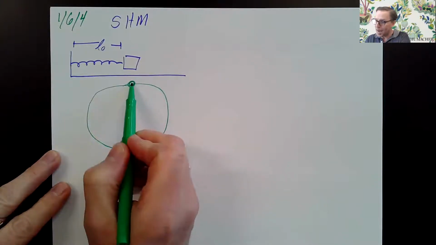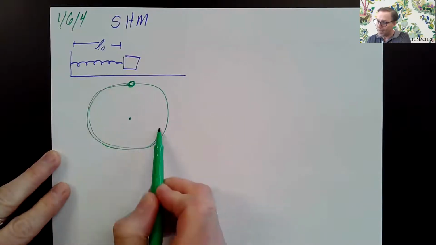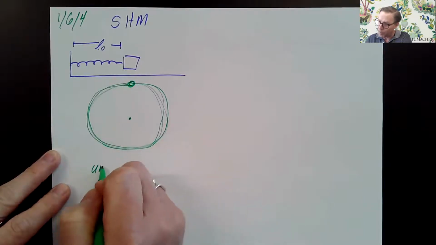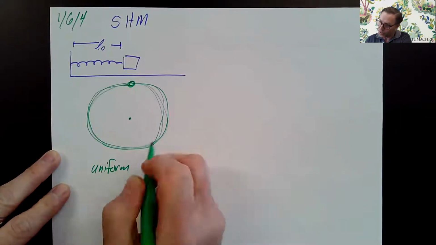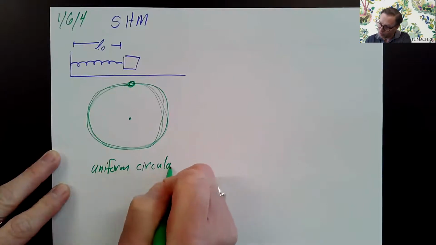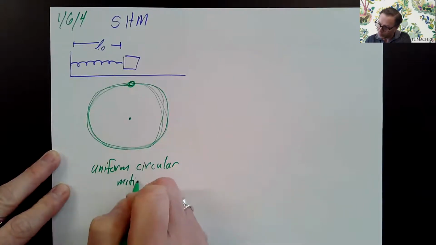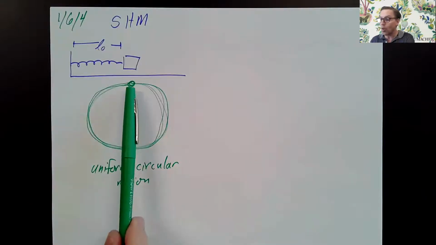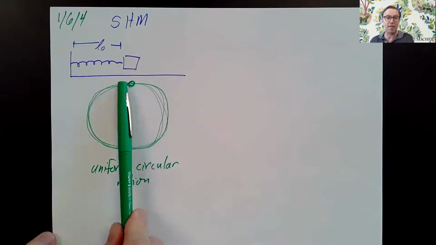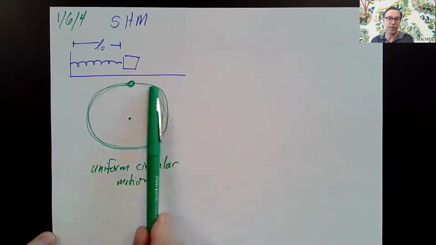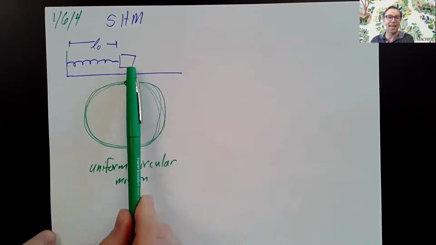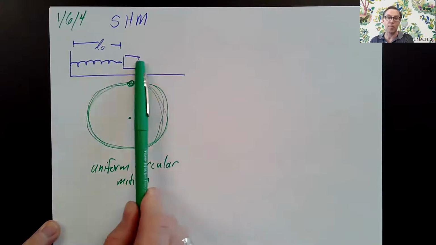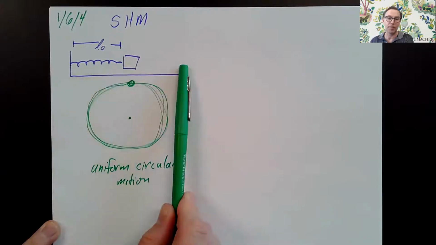As a dot moves around the circle at constant speed, in other words, in uniform circular motion, where the speed is always constant, the horizontal component of that motion would correspond exactly with the back and forth simple harmonic motion of this block.